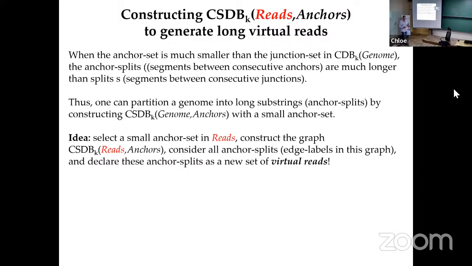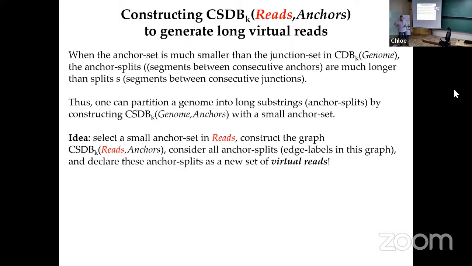And now here's the idea. What do we do with reads? We select a small anchor set in reads, construct the sparse de Bruijn graph on anchors, condense it, consider all anchor splits in this graph, and substitute the original reads by anchor splits in this graph.